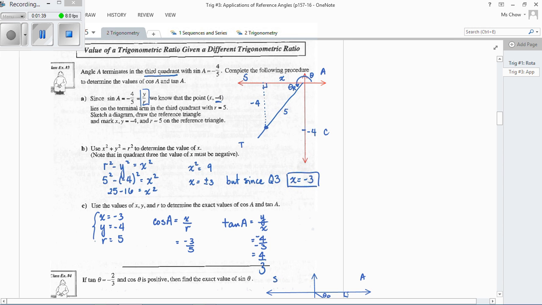Once we have our x, y, and r values, we can simply substitute them into our ratios. So cosine of A is negative 3 over 5, tangent of A is positive 4 over 3. And again, it makes sense looking at the CAST rule that in quadrant 3, the only ratio that is positive is our tangent ratio.